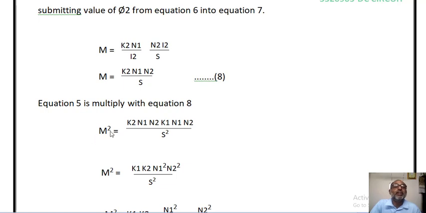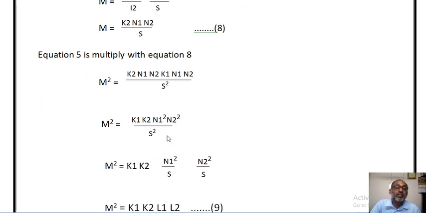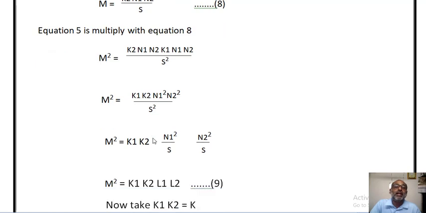So we will get M into M, M square, K2 N1 N2, K1 N1 N2 and S square. Now M square, here N1 into N1 means N1 square, and here N2 into N2 is N2 square.